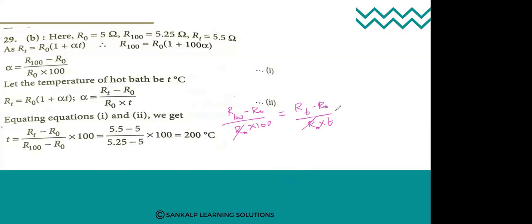So we have R of 100 minus R naught is equal to RT minus R naught divided by T. We want only T, so transfer it. Therefore, T is equal to RT minus R naught upon R of 100 minus R naught. RT is 5.5, R naught is 5 ohm, R of 100 is 5.25. All the values are given in the question.